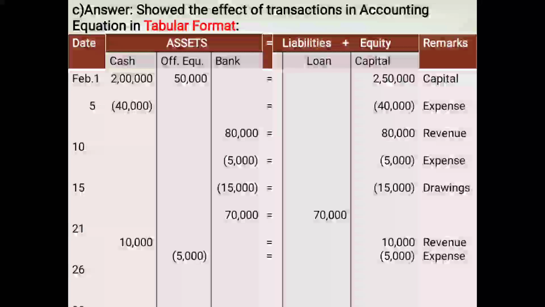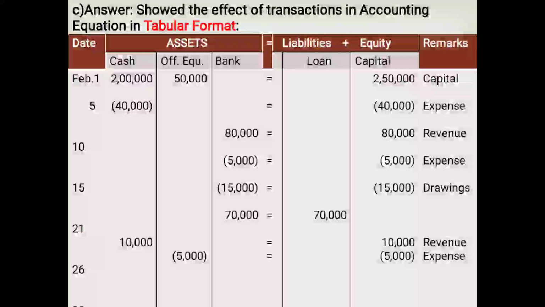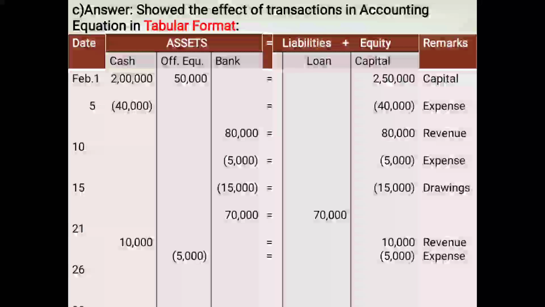For this transaction, 5,000 decreased of equity and 5,000 balance of bank is decreased. Next, for this transaction, drawings drawn from bank by owner, equity decreased, that is contra equity. Another one, bank balance decreased, so negative figure for bank balance 15,000.